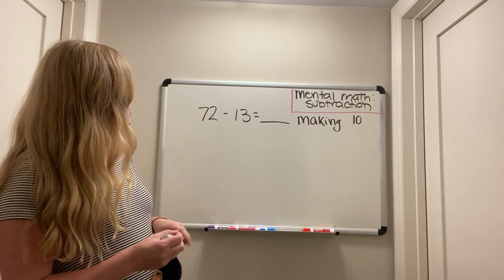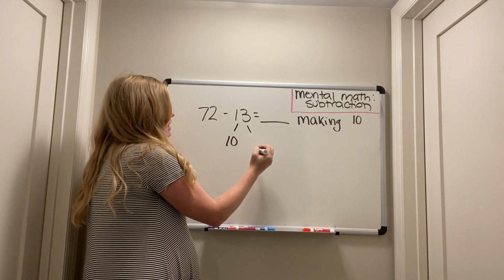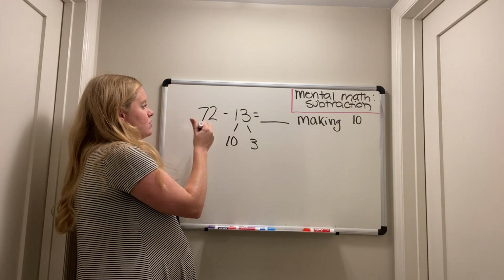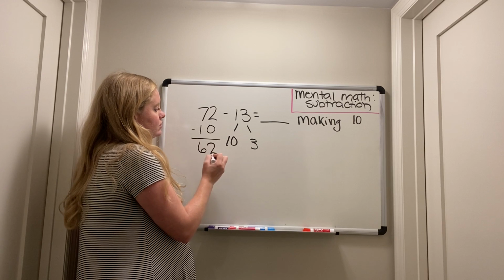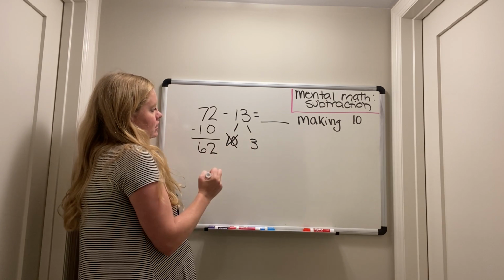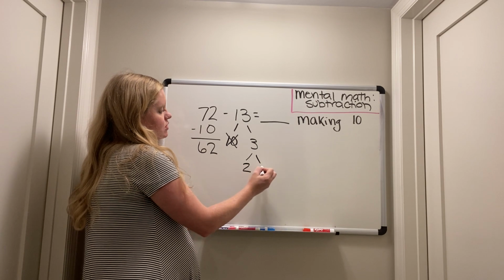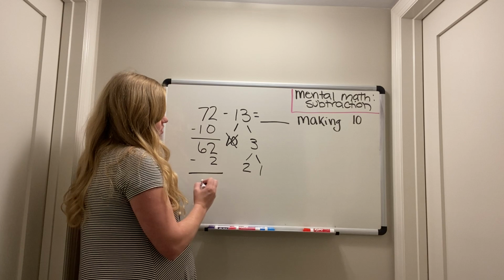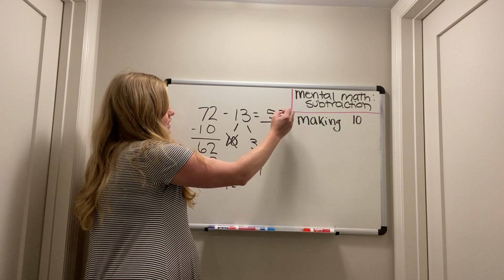I don't like this 13, so I'm gonna make it into a 10 and a 3. 72 minus 10 is 62. And I have this 3. I still don't like that 3. I'm gonna break it into a 2 and a 1. So I know that 62 minus 2 is 60. 60 minus 1 is 59.